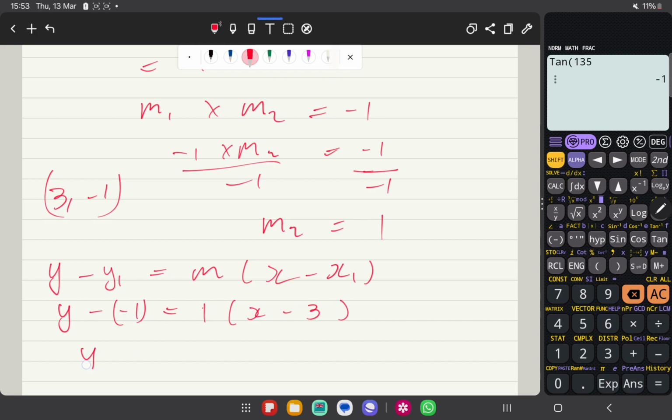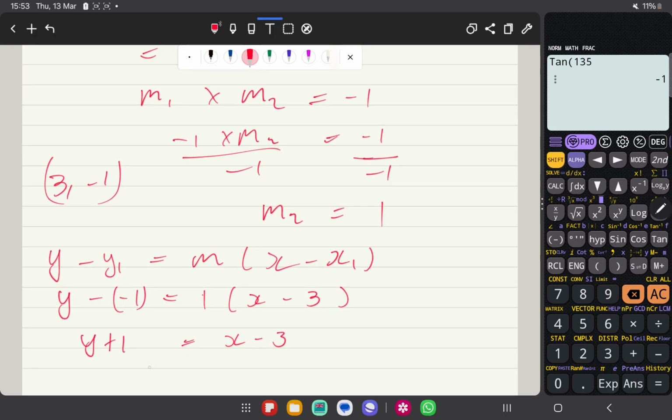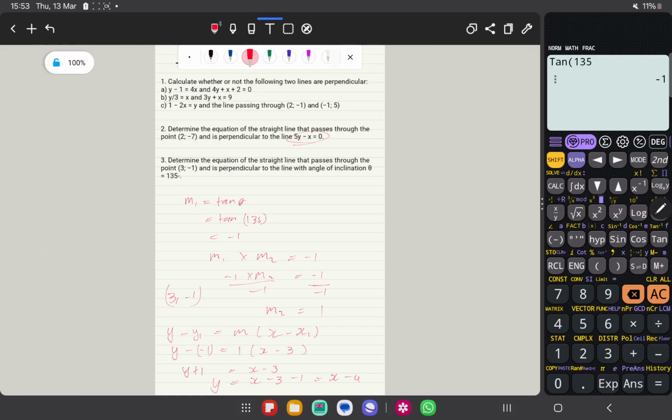So y plus 1 equals x minus 3. To close it up, y equals x minus 3 minus 1, which is x minus 4. Bang! And then I am done.